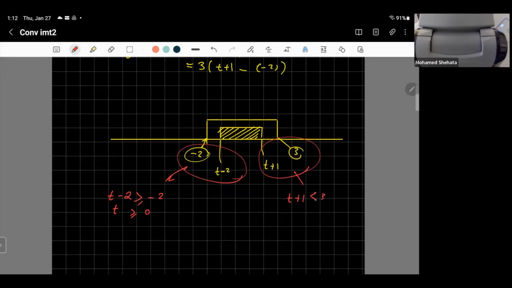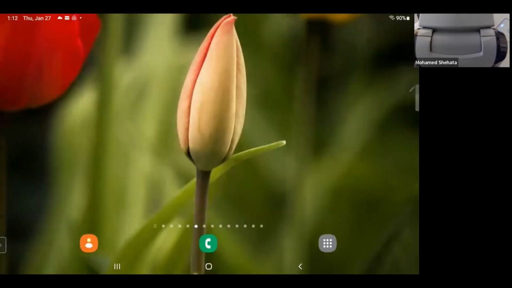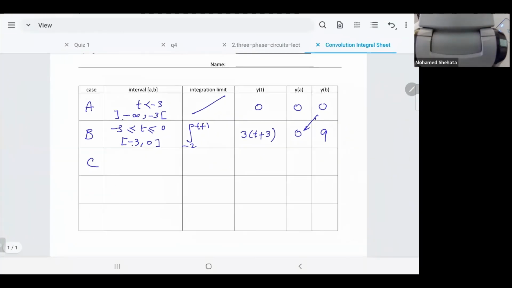T plus 1 is less than 3, so t is less than 2. So you got t greater than 0 and less than 2. So from 0 to 2, that's the case. I go to the table. So from 0 up to 2, or you can say t greater than 0, less than 2. Observe that from -3 to 0 and this 0 to 2 is always continuous like that.